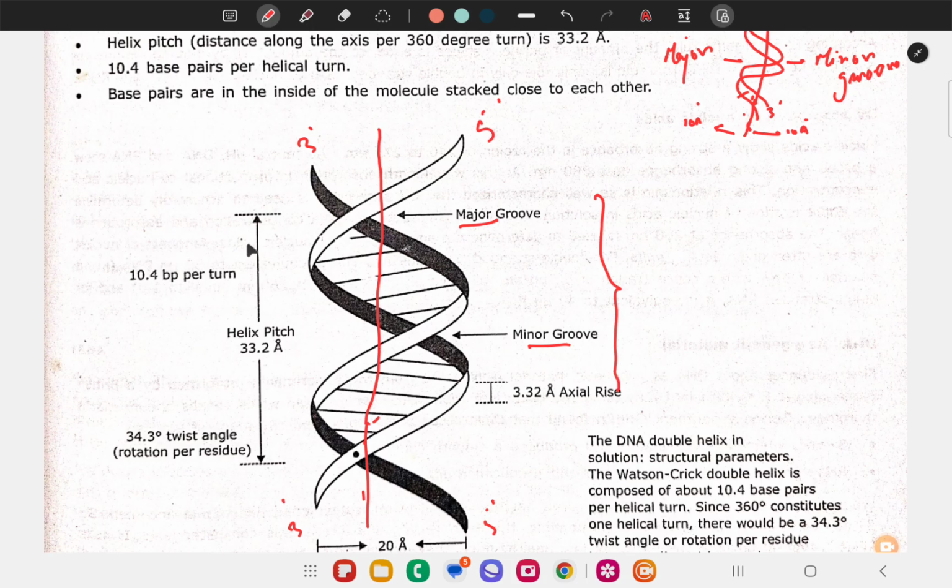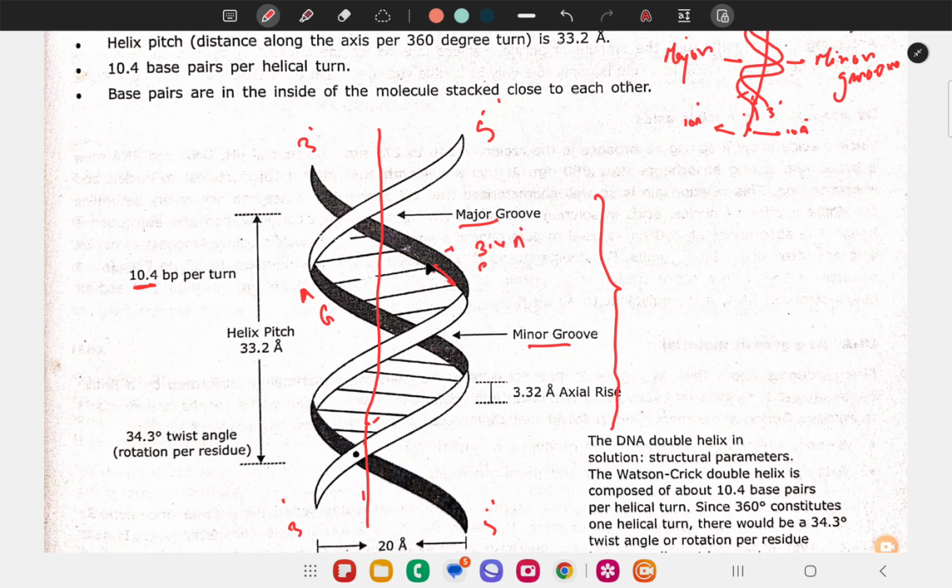In this complete turn there are 10.4 base pairs per turn, and the distance between two base pairs, after adding thymine and guanine and cytosine, is 3.4 angstrom.